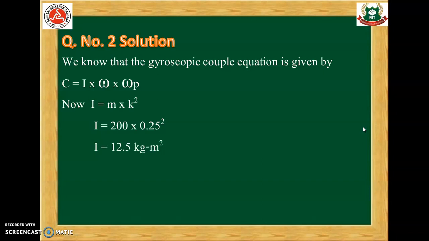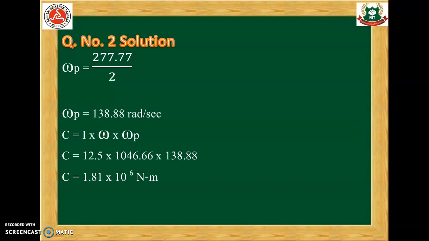So the value of I comes to be 12.5 kg meter square, and angular velocity of precession is given by the equation omega p equals v upon r, where v is the velocity and r is the radius of turning. So omega p equals 277.77 divided by 2000. So the value of omega p comes to be 0.138 radians per second.